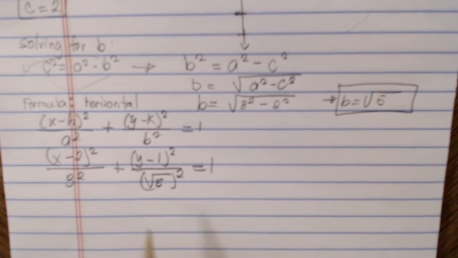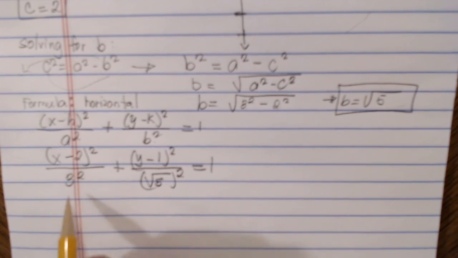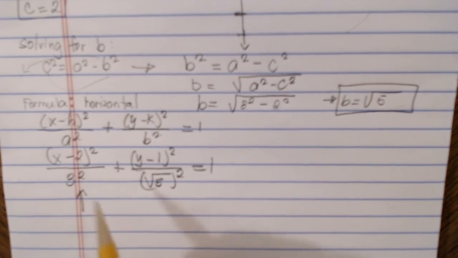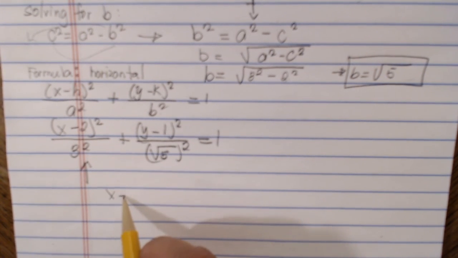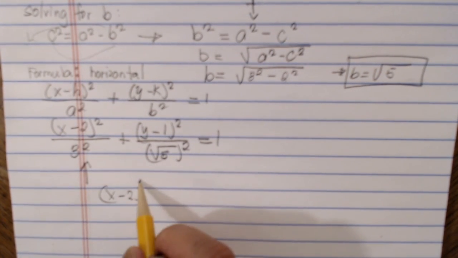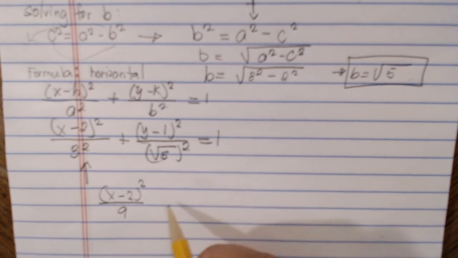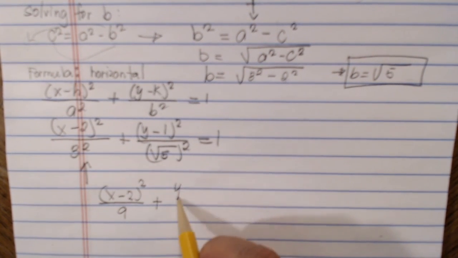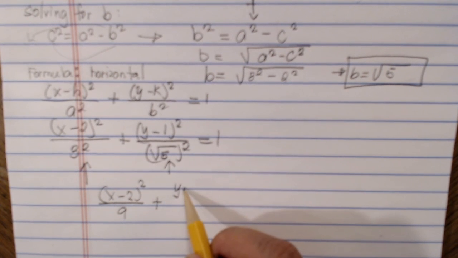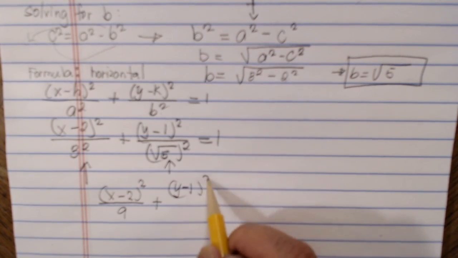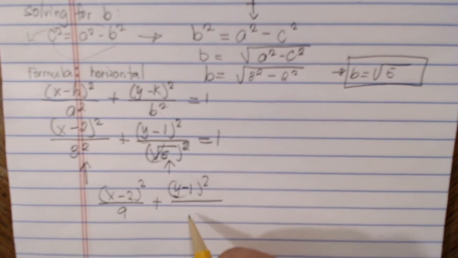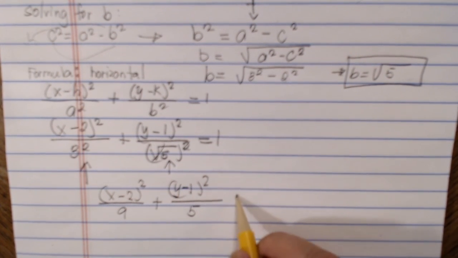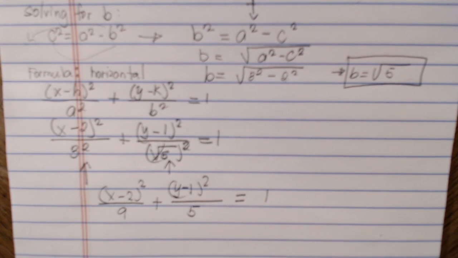Clean this up: (x minus 2) squared over 9 plus (y minus 1) squared over 5 equals 1, since the square and square root cancel.